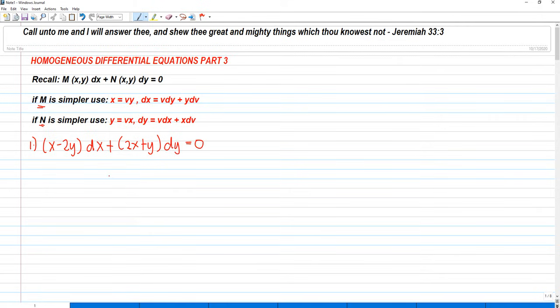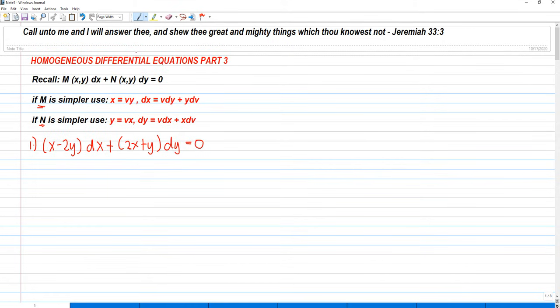Now this is homogeneous. Why? Because the term x has a degree of 1, 2y has a degree of 1, same for 2x, degree of 1, and y a degree of 1. Hence they are all the same. This is a differential equation that is homogeneous.